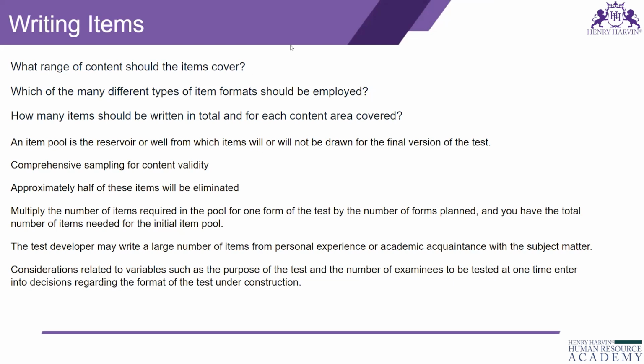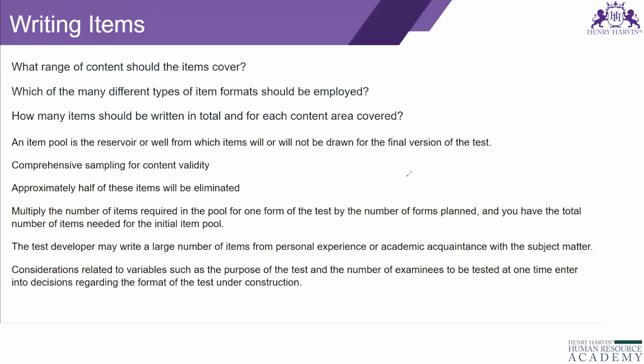Items are the different statements in the format. If you have taken a personality test, there are different statements, and each is known as an item. So we'll now be writing the items.